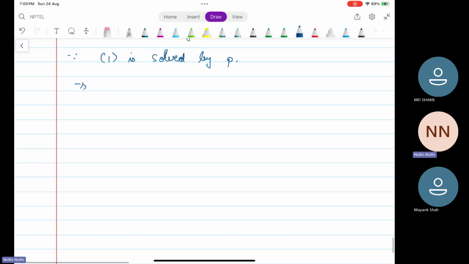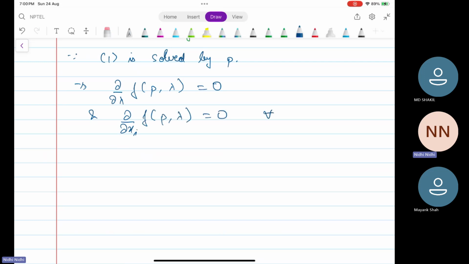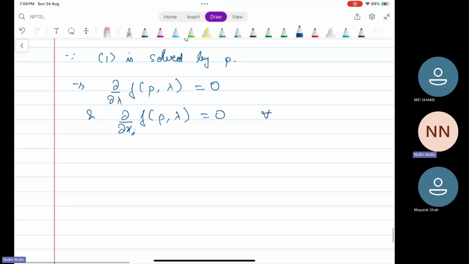This implies del by del lambda of L at (p, lambda) is equal to 0, and del by del xi of L at (p, lambda) is equal to 0 for every i from 1 to n.